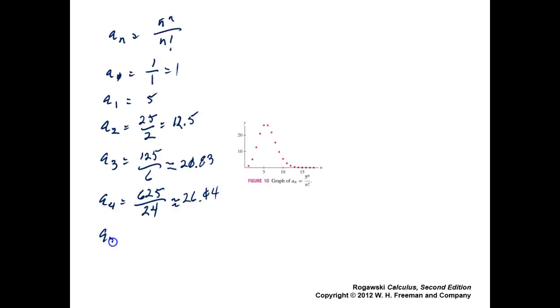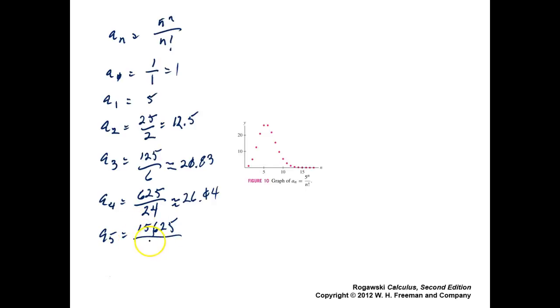A sub 5 would then be multiply 625 by 5, or do 5 to the 5th power, whatever you want to do. It's a huge number. What is it? 15625. Yeah, I'll buy that.